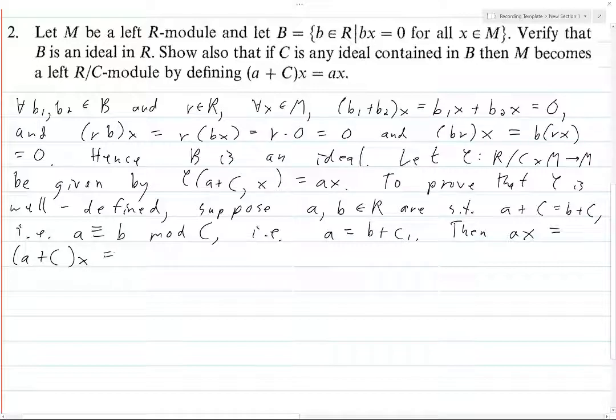But a is equal to b plus c1, and then just by our definition, considering this thing as an element of R, we have that this is equal to (b plus c1) applied to x, and of course this is a module. Do we know that this is a module yet?